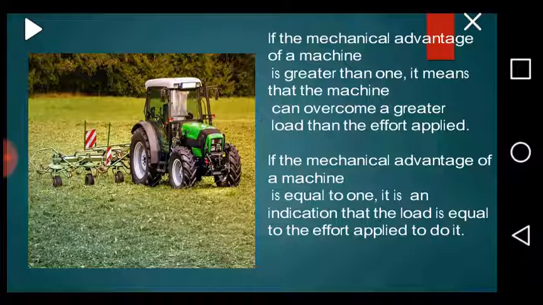But if the mechanical advantage is less than 1, it means that the applied effort is greater than the load. It can be termed a mechanical disadvantage.